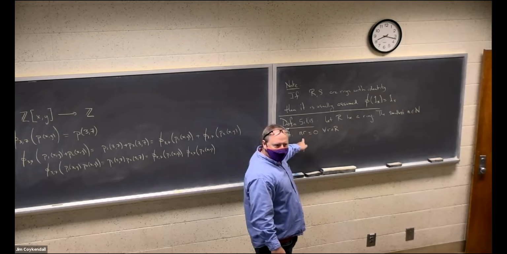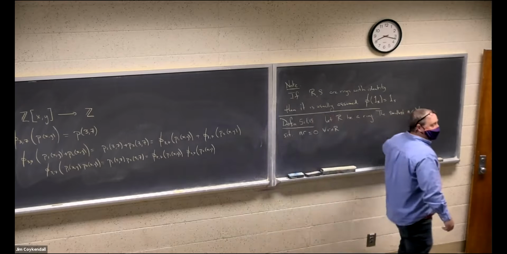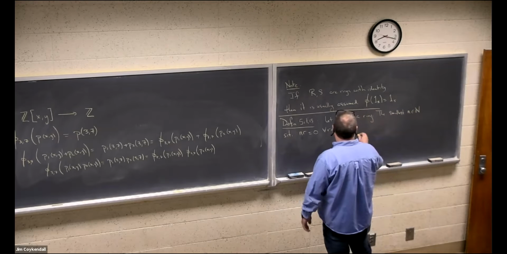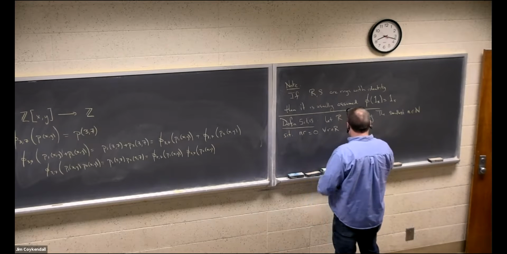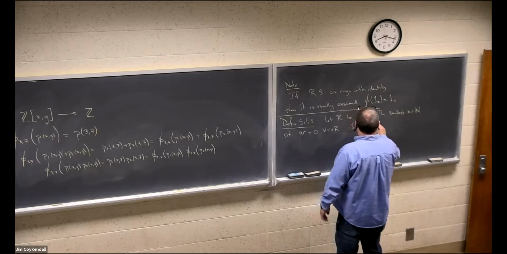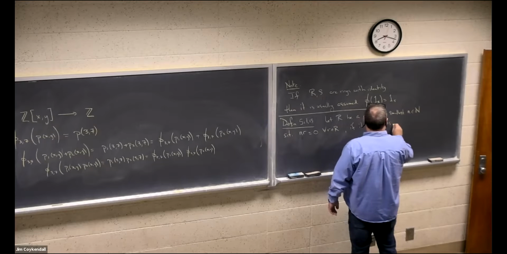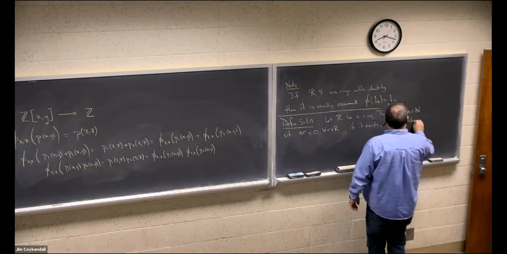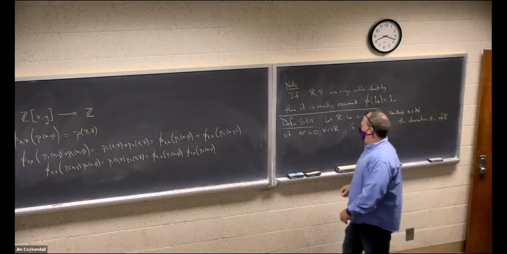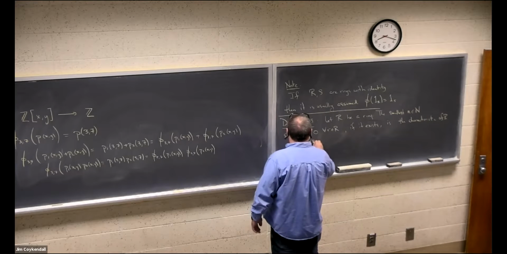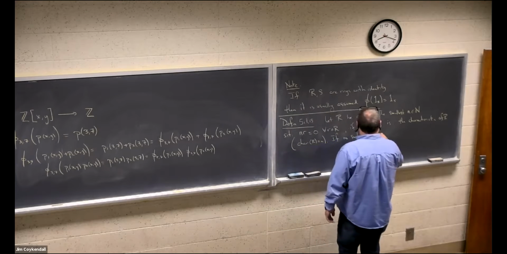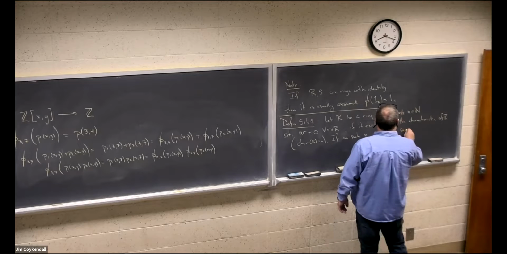That means I'm going to add R to itself n times. The smallest number n such that n times R is 0 for all R is the characteristic of R. If no such n exists, we say the characteristic of R is 0.